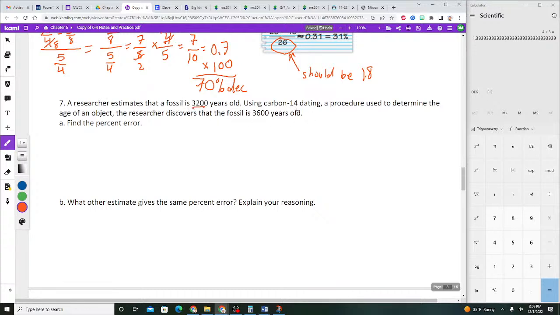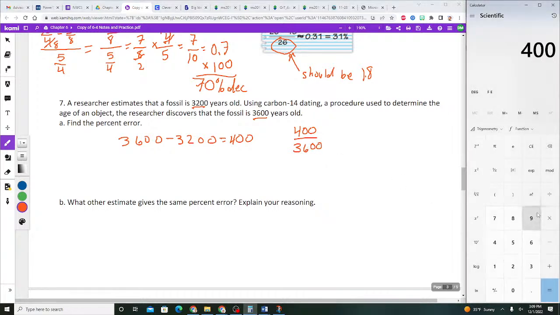A researcher estimates that a fossil is 3,200 years old. Using carbon-14 dating, a procedure used to determine the age of an object, the researcher discovers that the fossil is 3,600 years old. Find the percent of error. So the actual amount was 3,600. The error is going to be 3,600 minus 3,200, so that's 400. And then we want percentage of error, and that's 400 divided by 3,600.